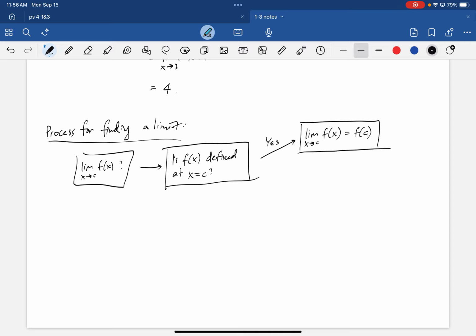Just as a quick example, let's say we had a question like, what's the limit as x approaches 1 of 1 over x? How would we follow this simple flowchart in this example? Is f of x defined at our c value 1?